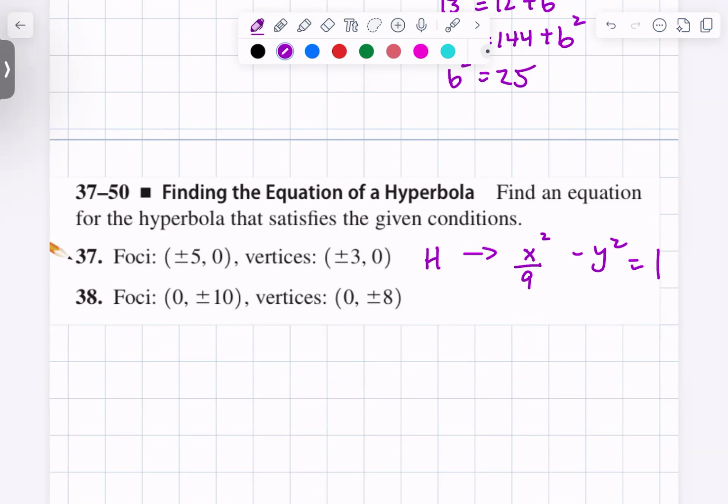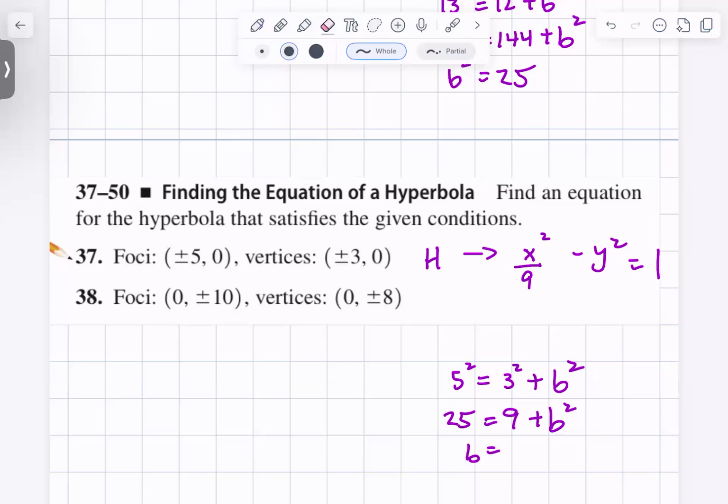So it's 20. So my foci is at 5. So 5 squared equals 3 squared plus b squared. 25 equals 9 plus b squared. Subtracting 9 on both sides, b squared equals 16.